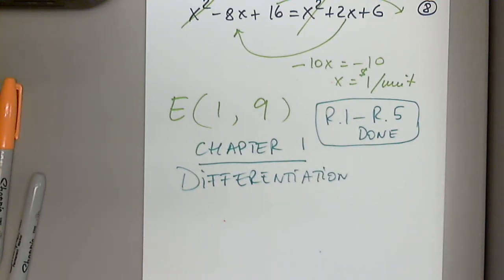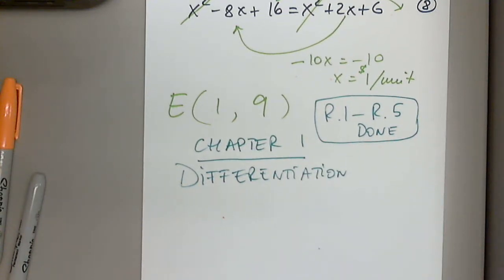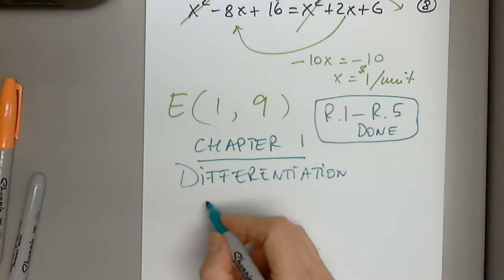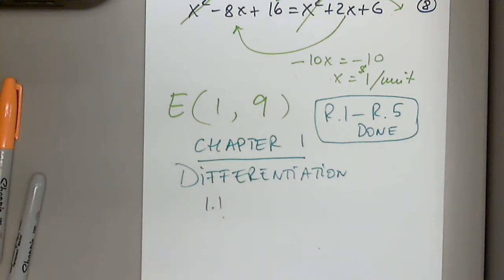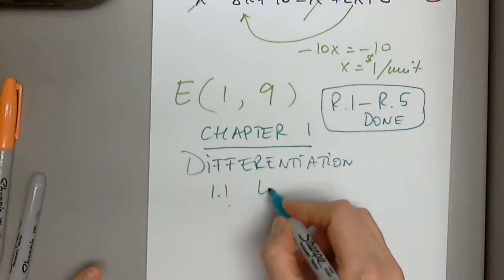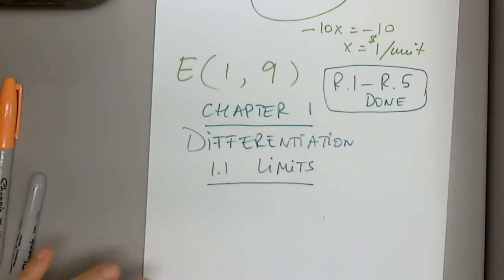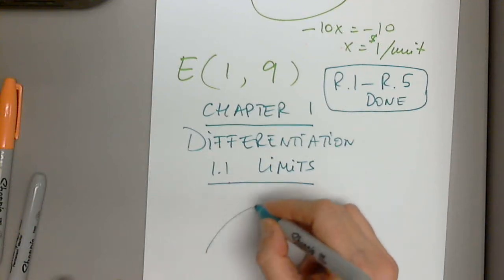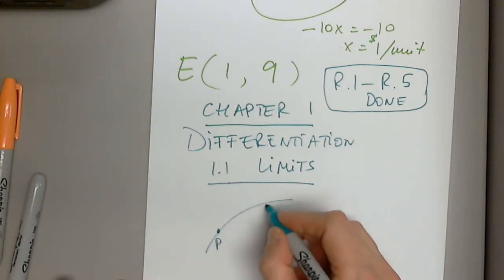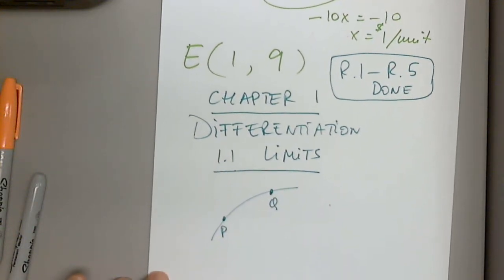So the first step, before we get to differentiation, is section 1.1, in which we're going to look at limits. Let me refresh our memory about that P point and that Q point.